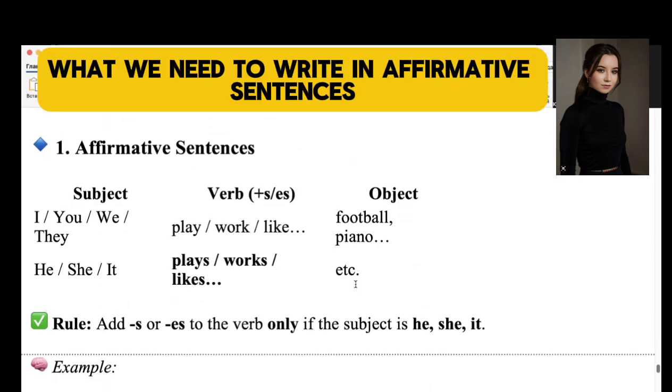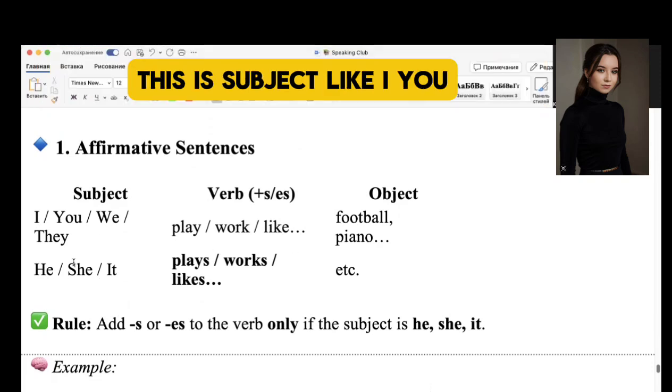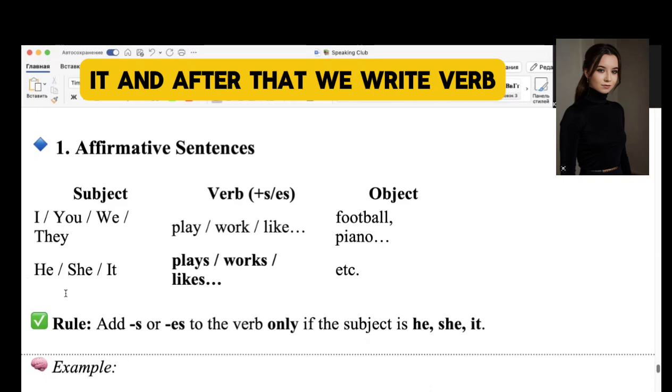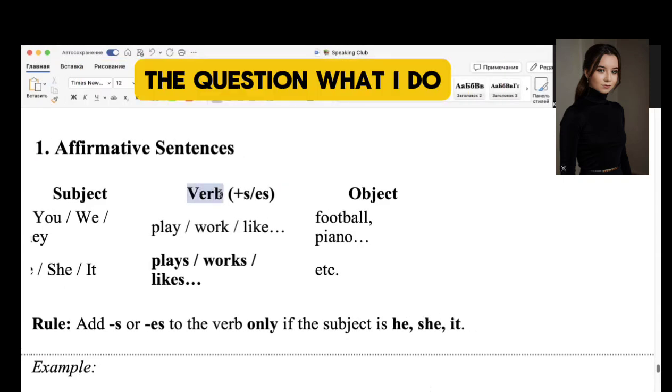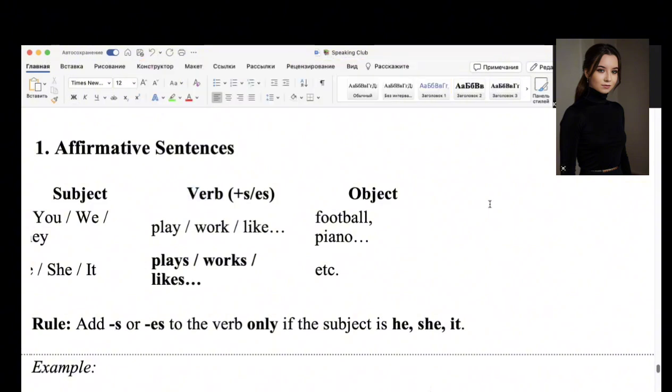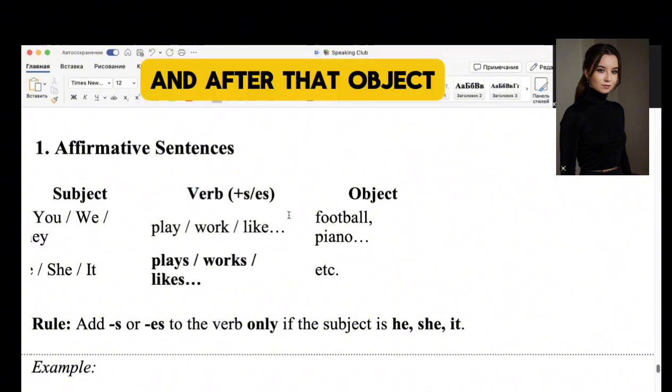First, what we need to write in affirmative sentences is the subject, like I, you, we, they, he, she, it. After that, we write the verb, the question being what I do, and after that, the object.